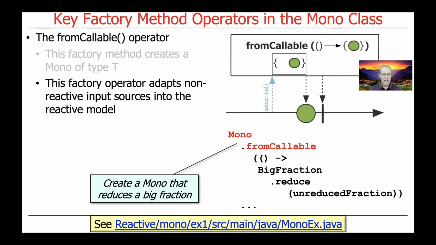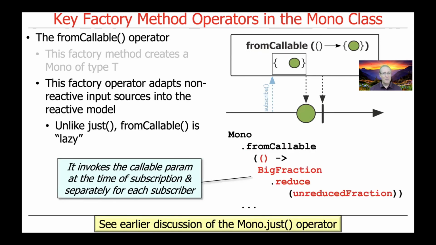So you can see in this particular case, we say Mono.fromCallable, and we're going to give it a callable supplier that will, when called at runtime, go ahead and reduce a big fraction. The difference, however, is that fromCallable is lazy. So this call to BigFraction.reduce doesn't actually take place in the assembly thread. It'll take place in the thread where this particular computation is specified to run. And that can be changed by using the subscribeOn operator, as we'll see later.